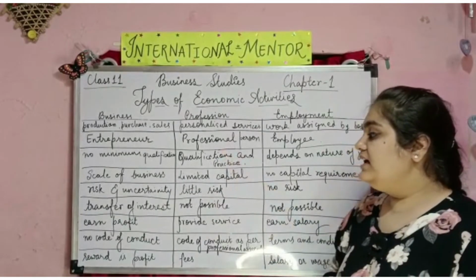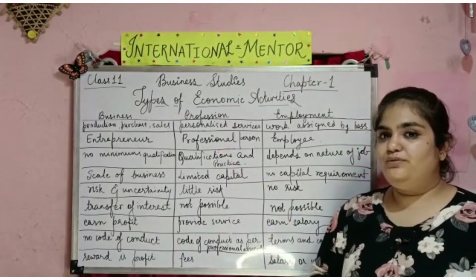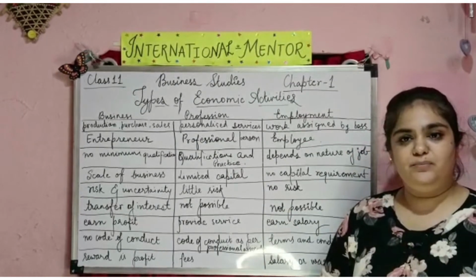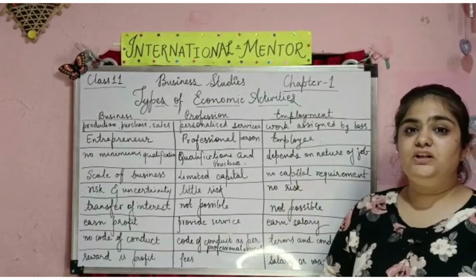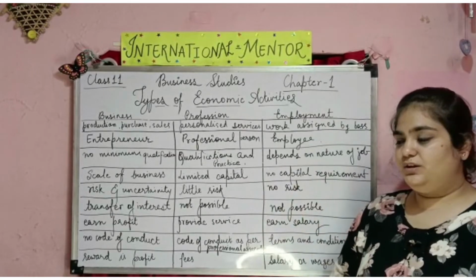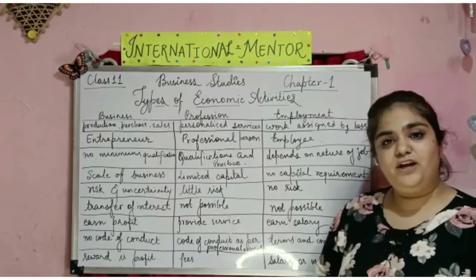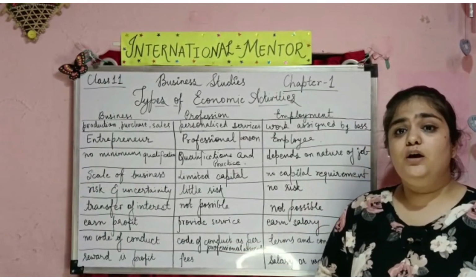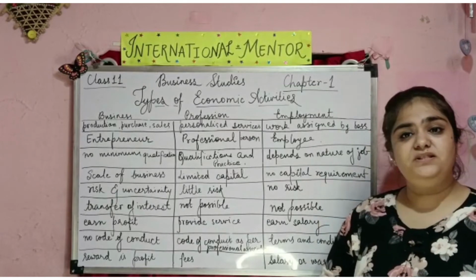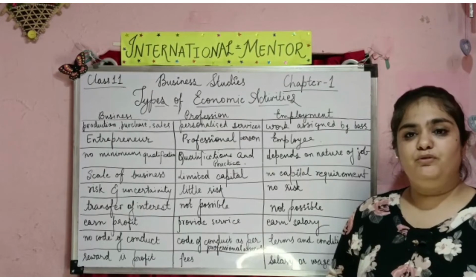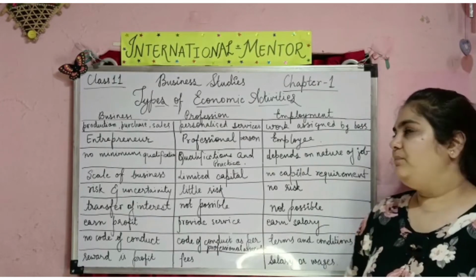In business, there can be no code of conduct. The way we like, we can just conduct our business. But in profession, it's obvious that more and more code of conduct is required according to the professional association. For example, the CA would follow the rules and regulations which are set by the professional association of CA.